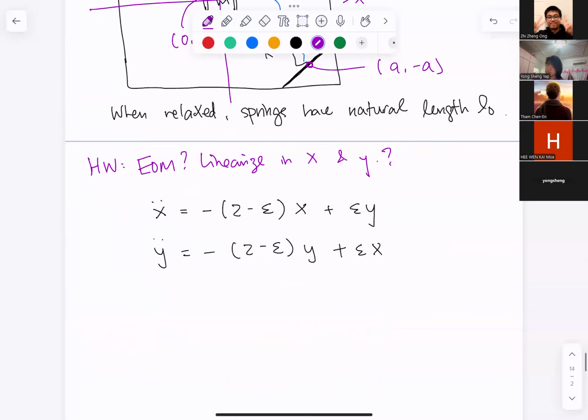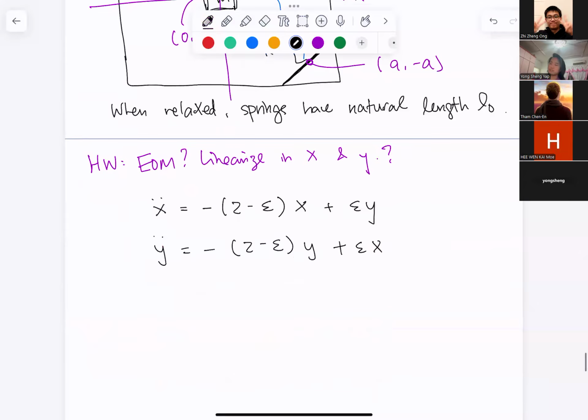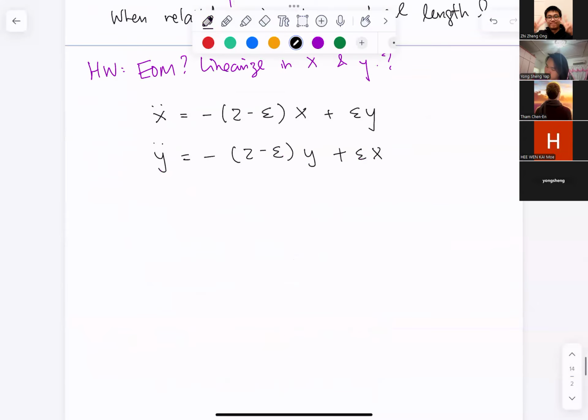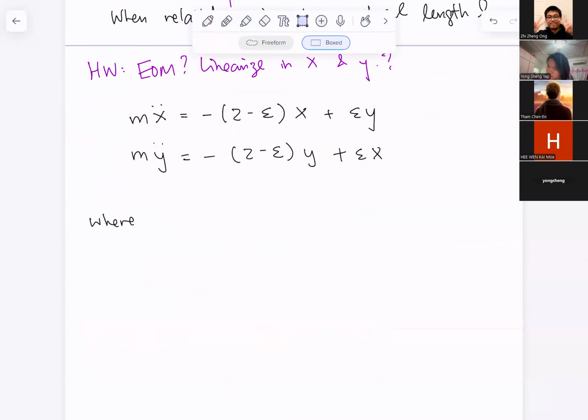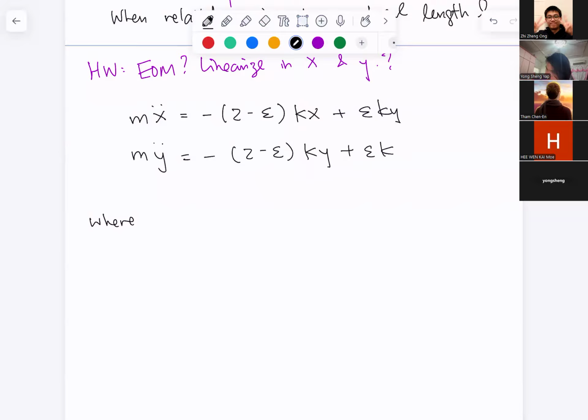What you get for the equation of motion is something that looks like this. Sorry, there's a k over here. There's an m x double dot and a k. Sorry, these are kx plus epsilon ky, ky plus epsilon kx.